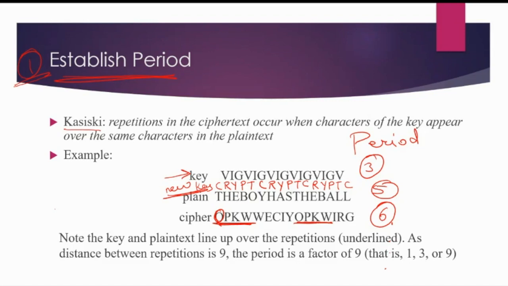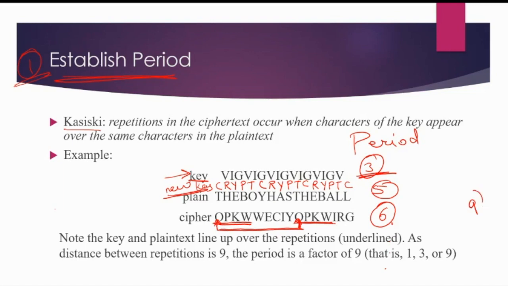So for example, if we see the example given here, let's assume that this is our key. The period of the key is 3. We get these repetitions. Now, how can we identify that the period is 3? We identify the distance between two repetitions. If you count this distance, the distance between two repetitions is 9.